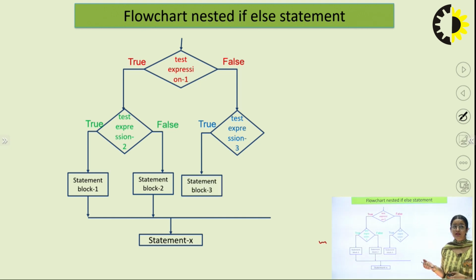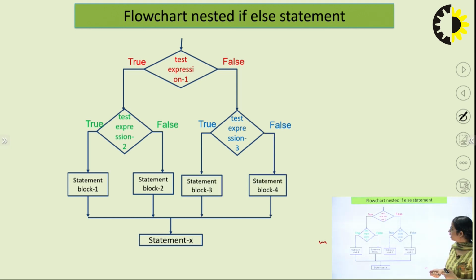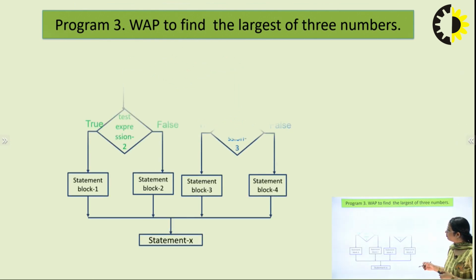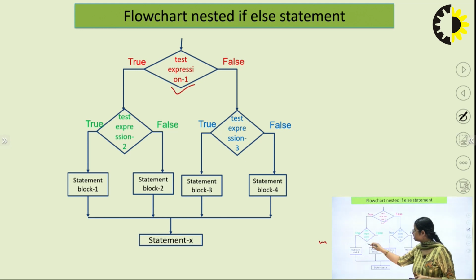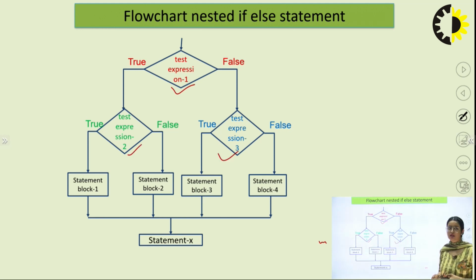But in nested if else, we have multiple expressions: expression 1 test, expression 2 test, expression 3 test, so we have multiple tests here. That's why it is also known as multi-path branching.